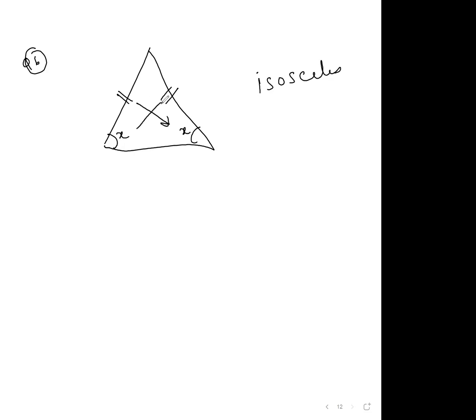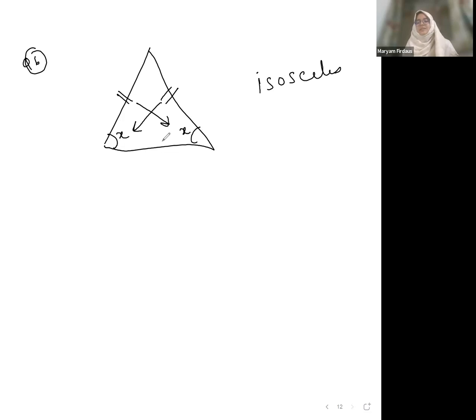So if this is X, then this will also be X because these two sides are equal. Once you have found that this is X, and this is 30, then you can easily solve it and find the value of X.